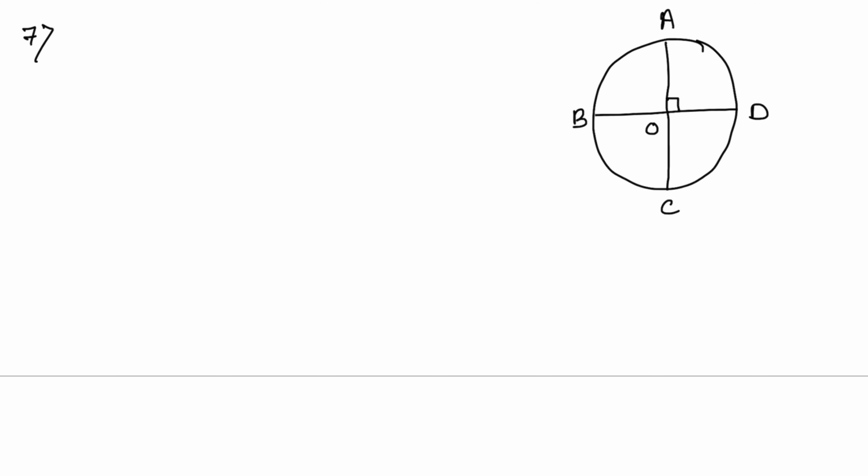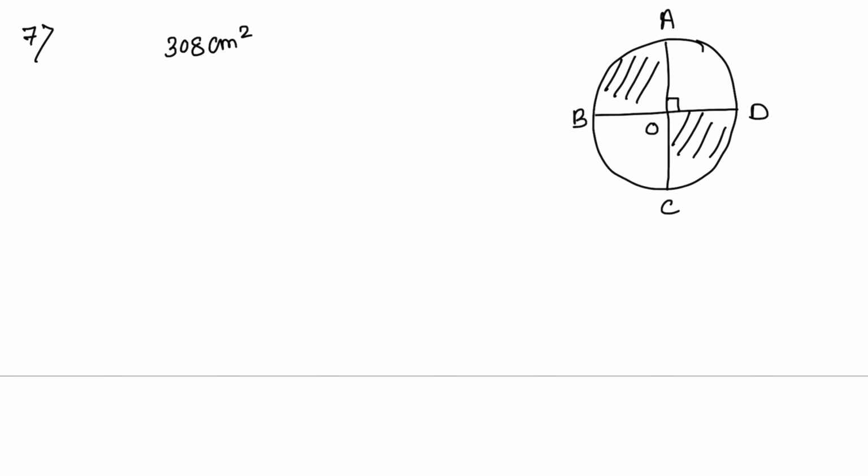Given that the area of the shaded portion, this portion, this one and this one, is 308 centimeter square. Calculate the length of AC and also the circumference of the circle.